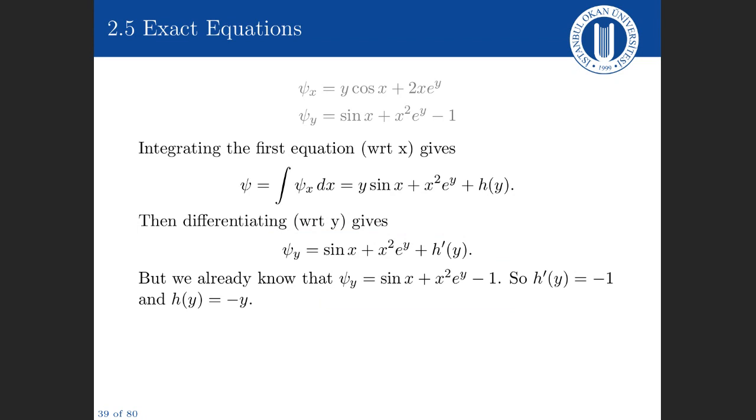In other words, we must have that h prime of y is minus 1. We can choose any function h as long as this equation is satisfied. We don't need to find every possible h, we just need to find one. So we could choose h of y equal to minus y. And that's what we need.